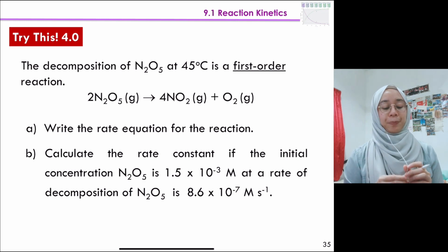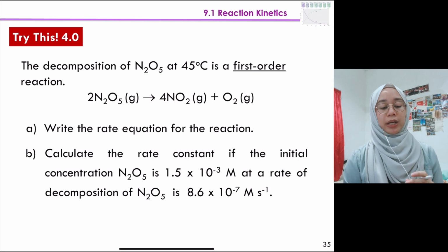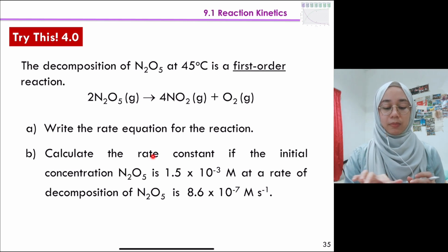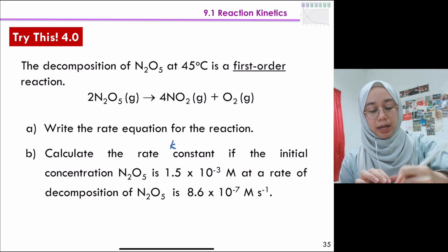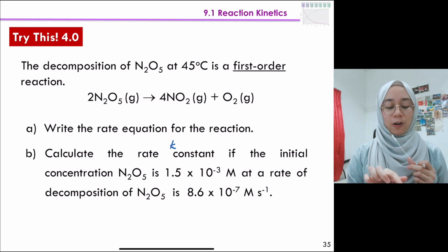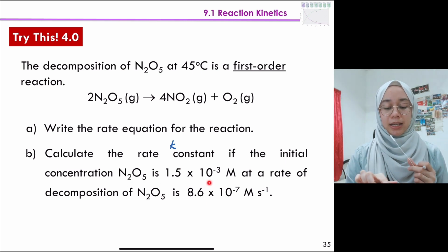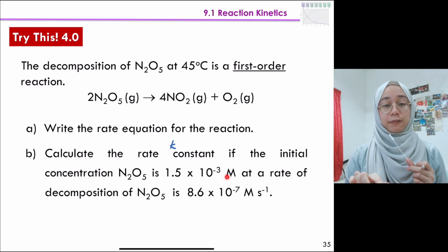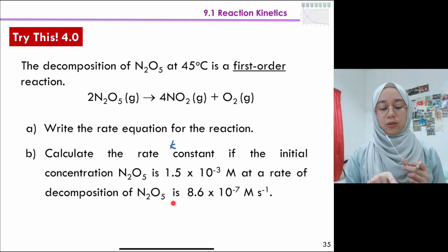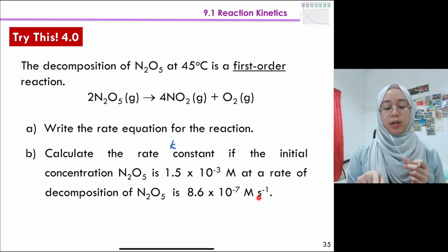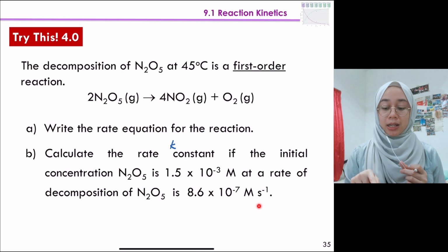And then B. Okay, B ni agak susah sikit. Okay, you need to calculate the rate constant. Bermaksud kat sini dia minta kamu cari K. Okay, if the initial concentration of N2O5 is 1.5 exponent negative 3, so this is concentration. Okay, at a rate of decomposition of N2O5 is 8.6 exponent negative 7 molar per second.